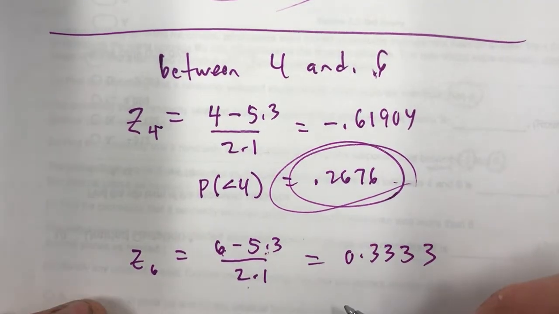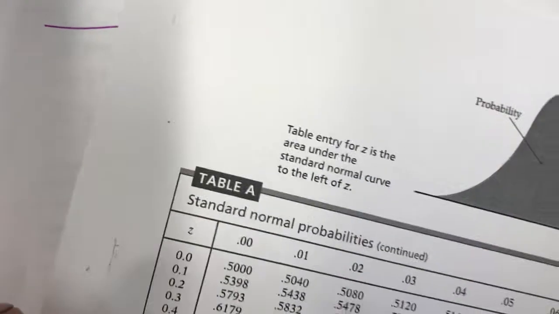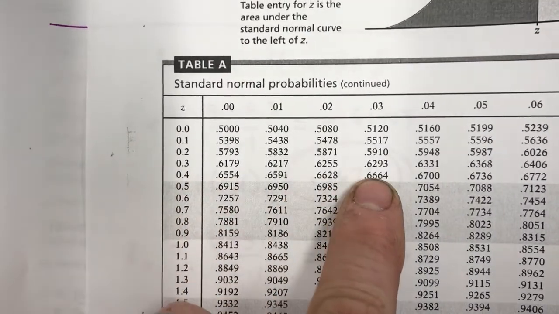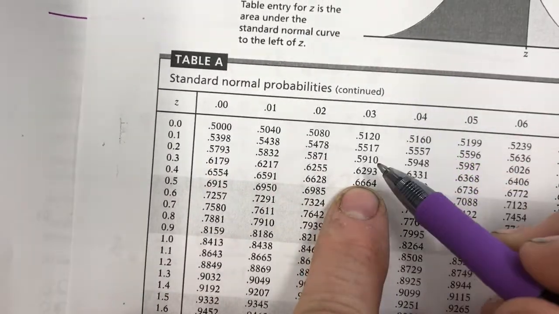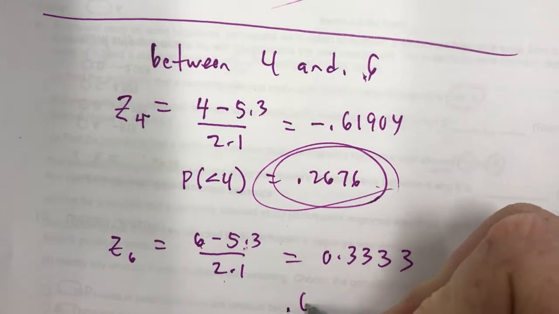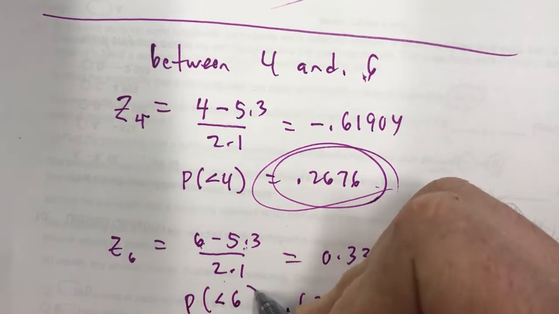That's my z-score, so I look that up on the table, 0.33. You can see the 3 up here at the top, so 0.33 is 0.6293. That's the probability that it's less than 6.